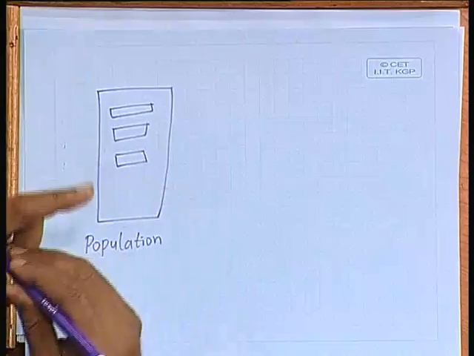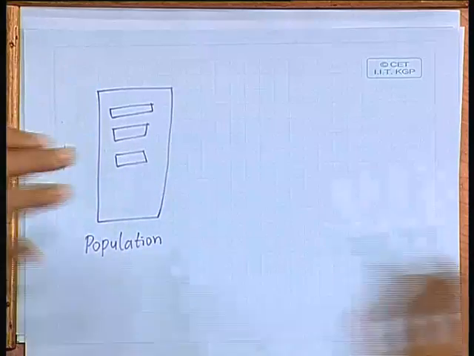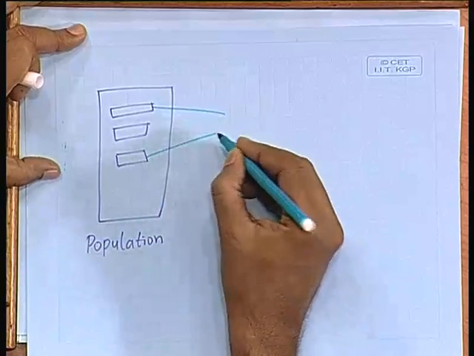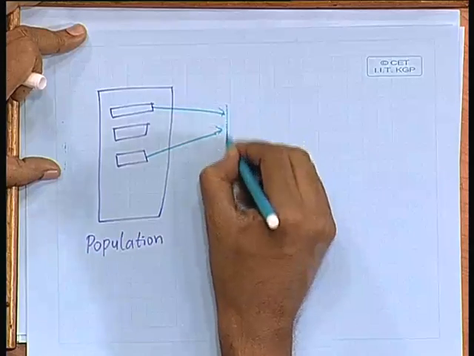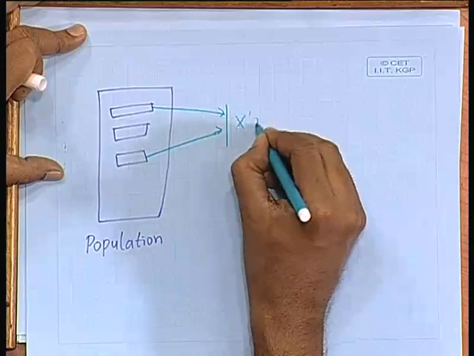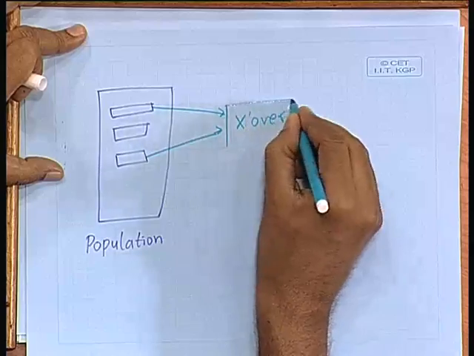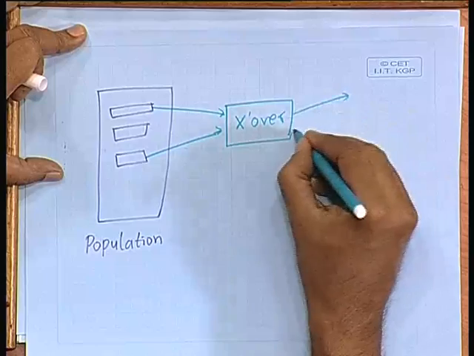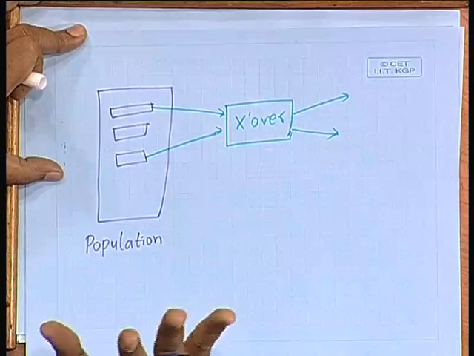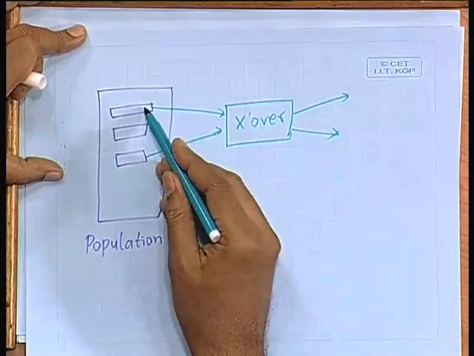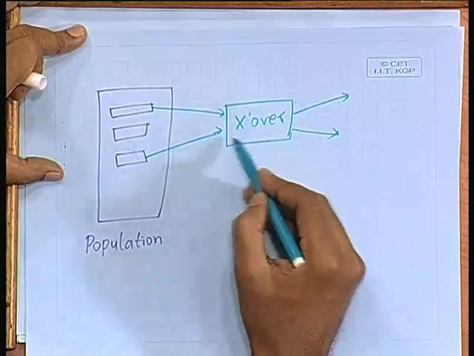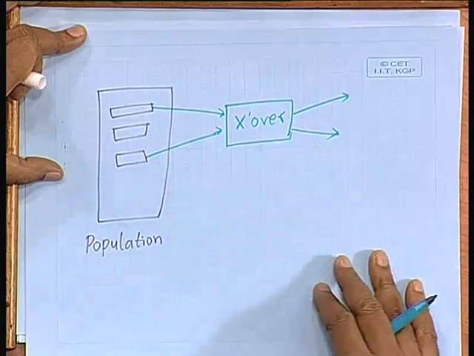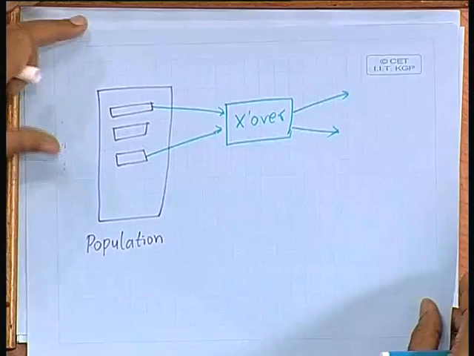Now, when I apply the crossover operator, I take any two solutions from the population, apply the crossover operator on them, and I get two new solutions. This is the basic idea. I start with two solutions, apply crossover on them and get two new solutions.